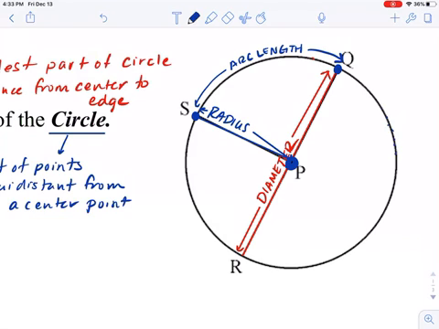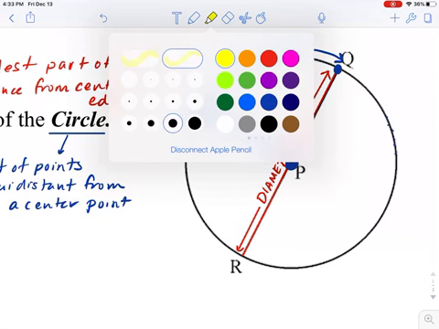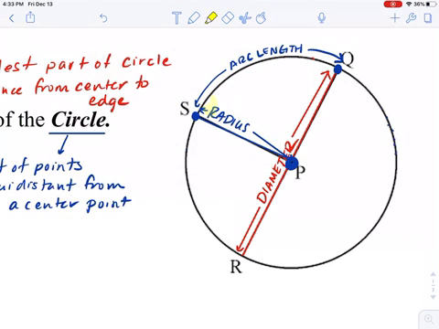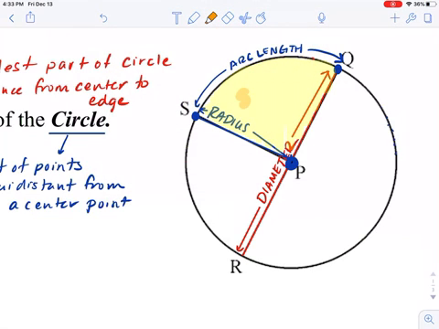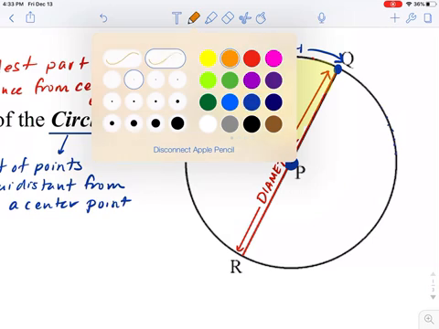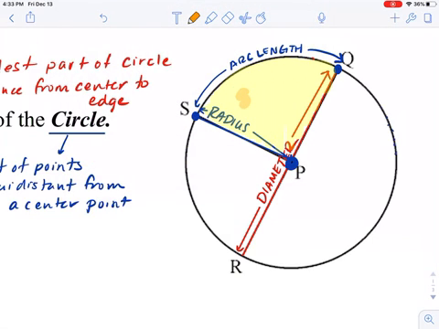And then what about the area? If we want to take just a portion of the area, so I'll shade in. What I'm shading in yellow here, what I shaded in, that was called a sector.